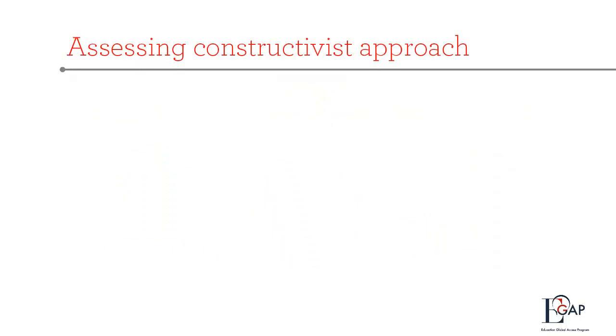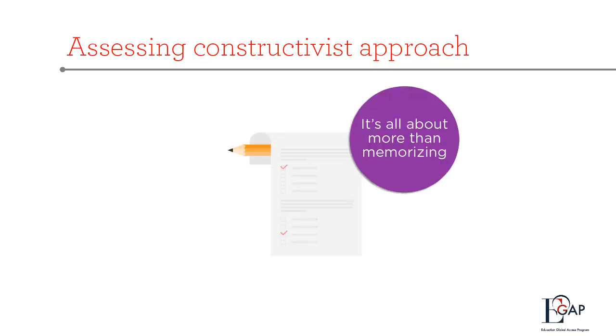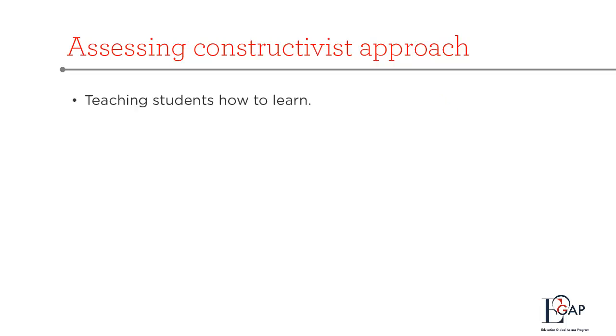Constructivist teaching gives teachers more opportunities to assess their students. You can, of course, issue a test to make sure students have learned the concept. But remember, constructivism is about more than memorizing content. It is about teaching students how to learn and how to become lifelong leaders of their own learning.